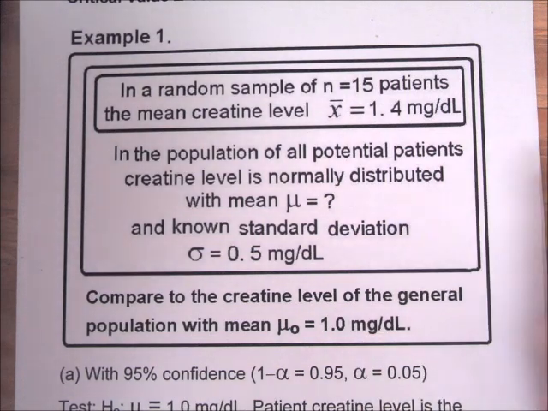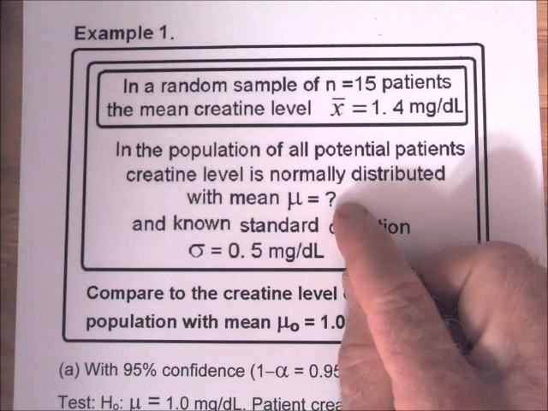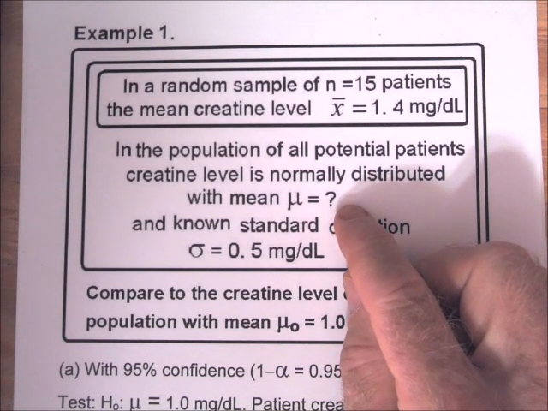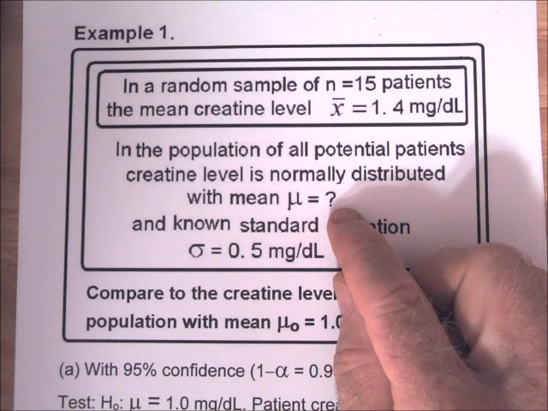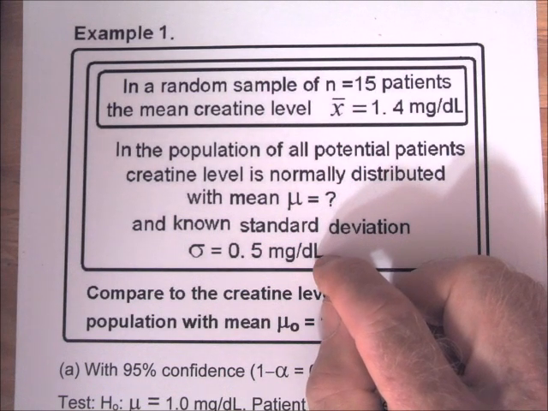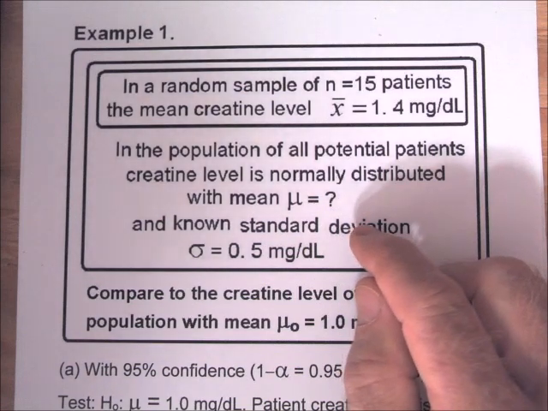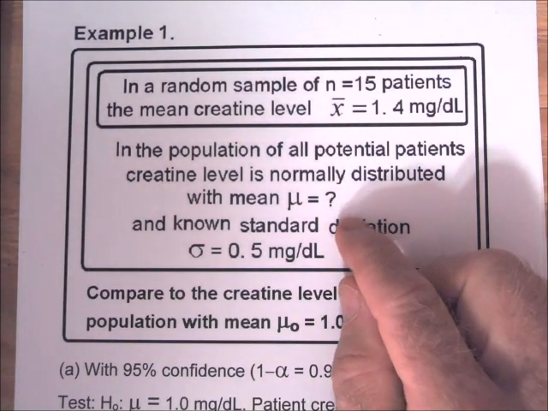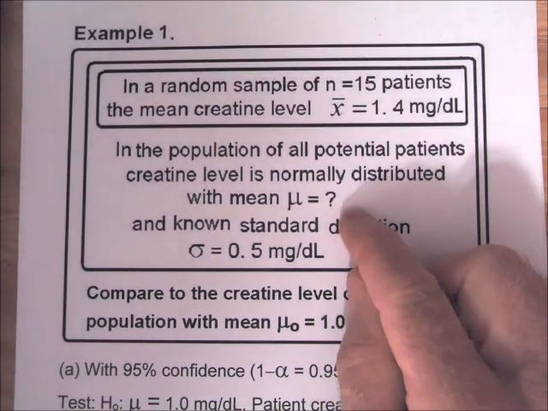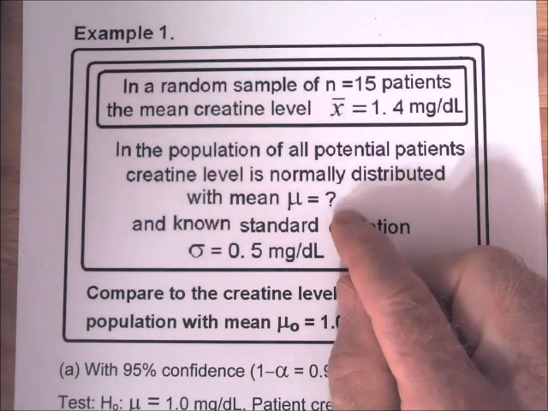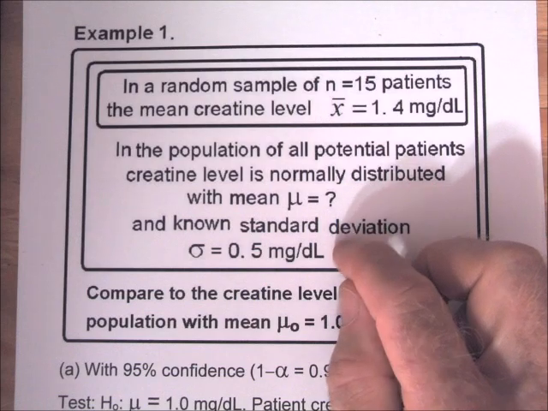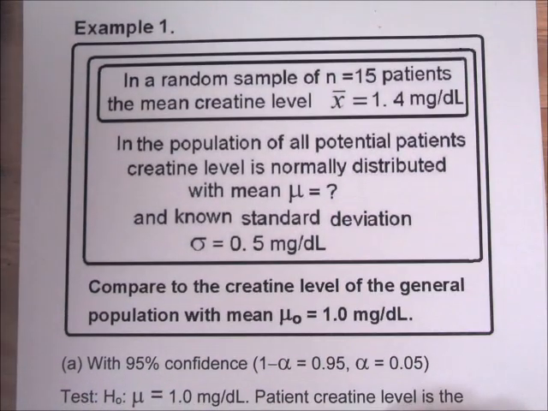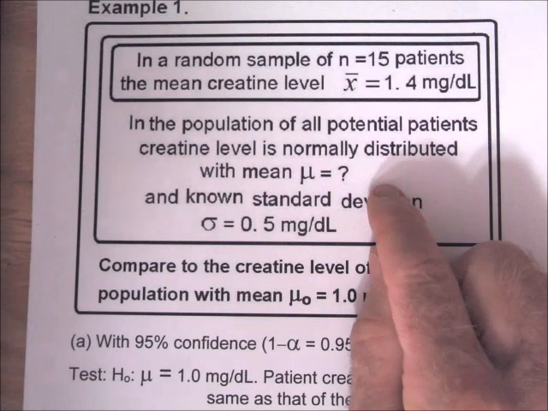per deciliter. Now, this is a little bit unrealistic because usually, if you don't know the population mean, you're not going to know the population standard deviation either. However, the advantage of this example is that it follows directly from the central limit theorem, and illustrates the usefulness of the central limit theorem.